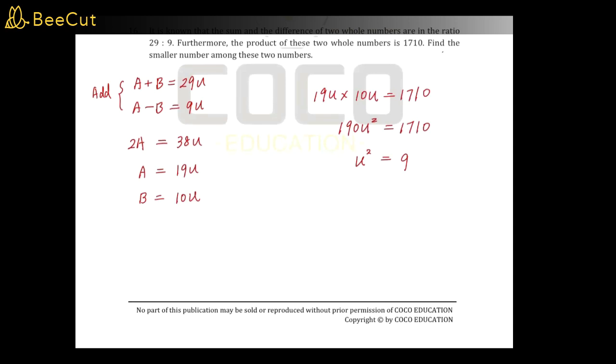Now we know 3 times 3 equals 9. This means that 1U equals 3. So with 1U equals 3, we can work out the two numbers. A is 19 times 3 equals 57. And B equals 10 times 3 equals 30. They're asking for the smaller number, so the answer is 30.